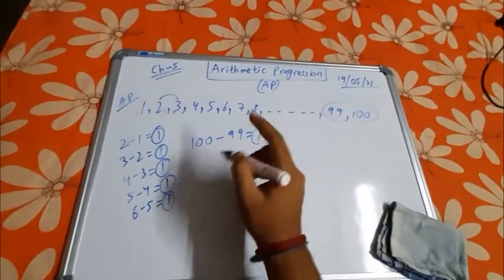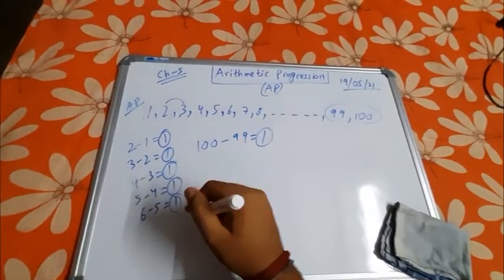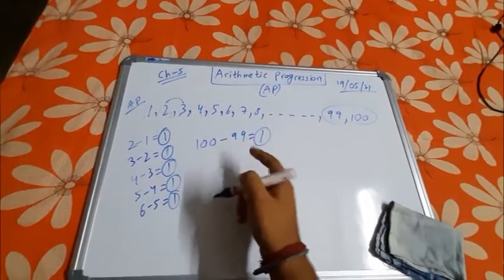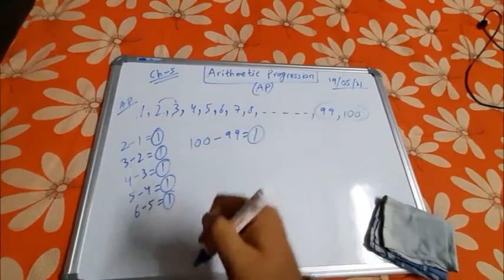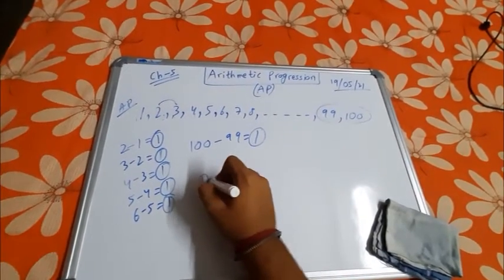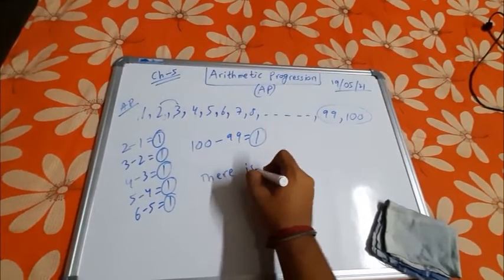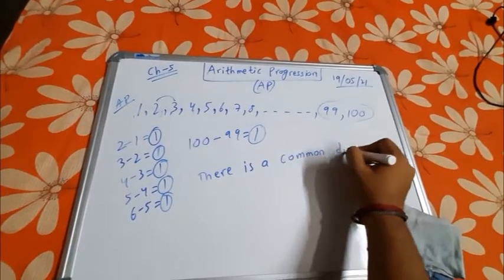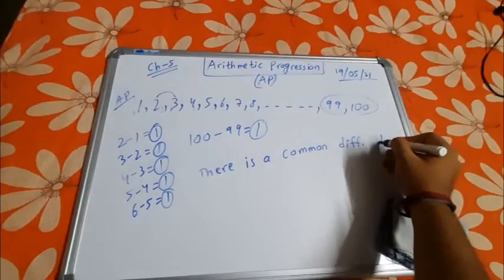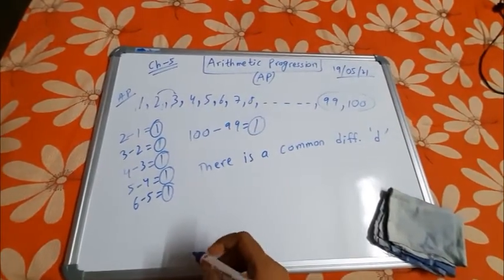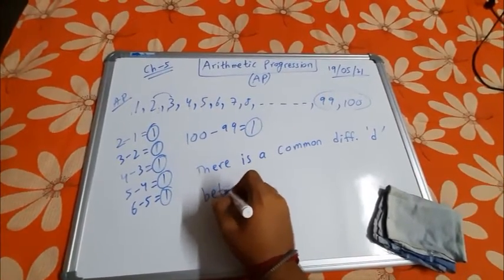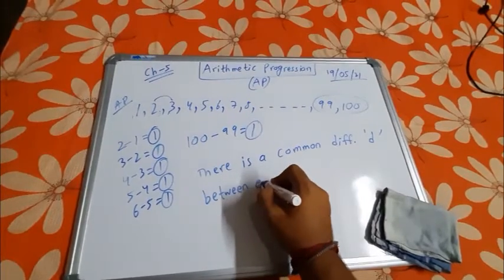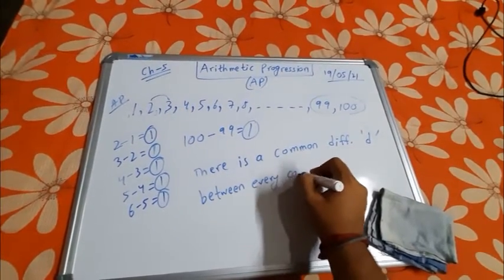This property is known as AP. What is the property of AP? That there is a common difference, called d, small d, between all the consecutive terms.